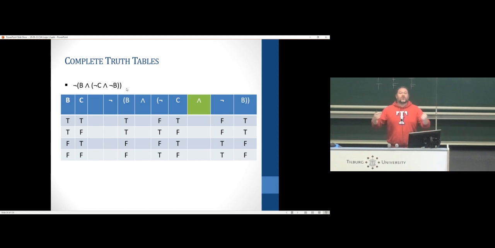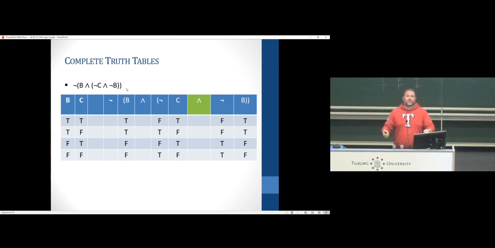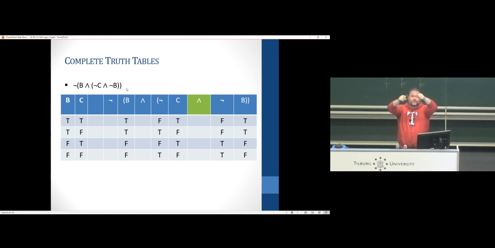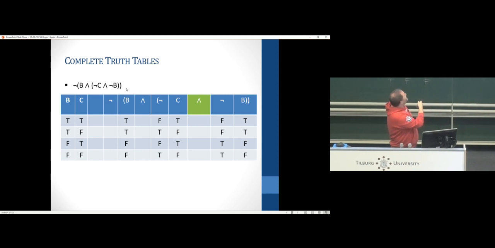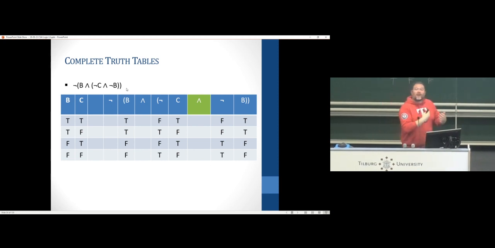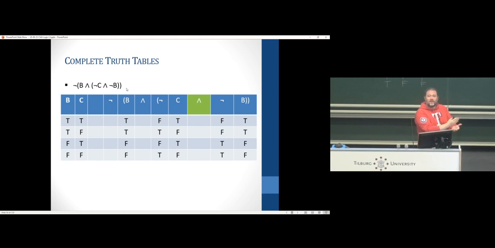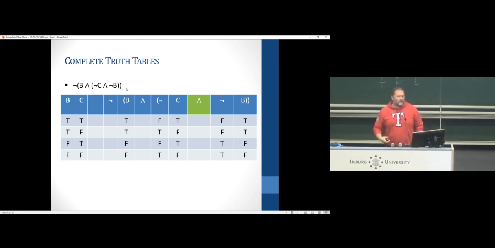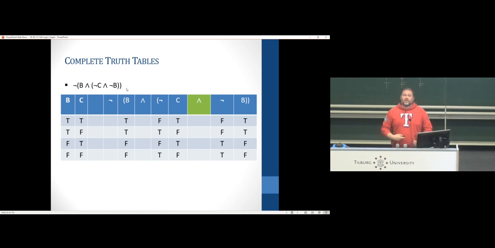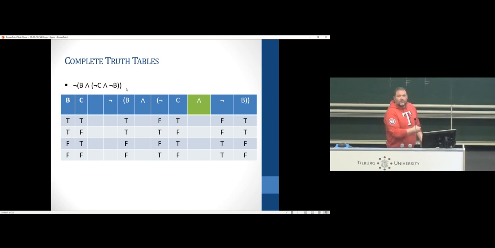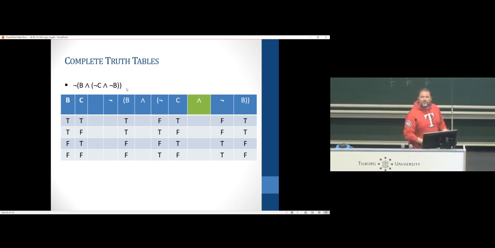So the atoms told us what the truth value for the negations were. The negations are the ones that are actually plugged into the conjunction. And then this conjunction is one of the two things plugged into that one. That's why we have to go step by step by step by step. Good question.